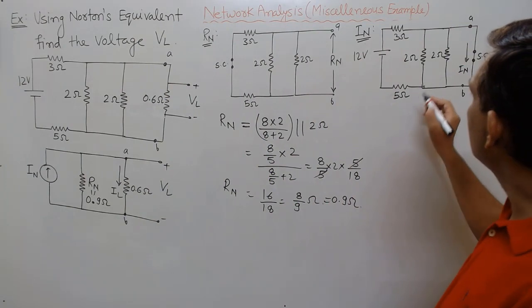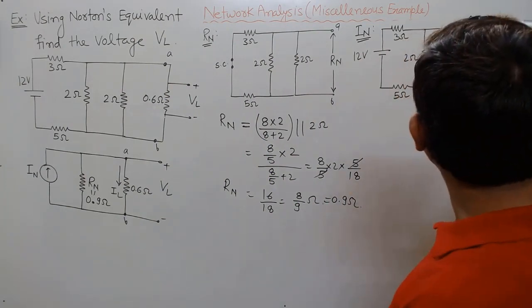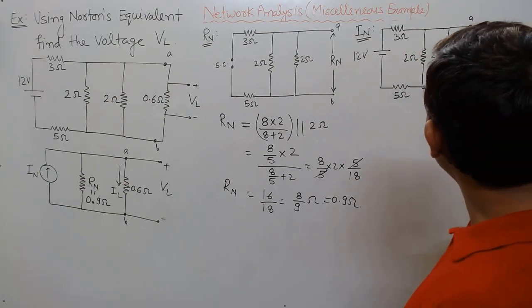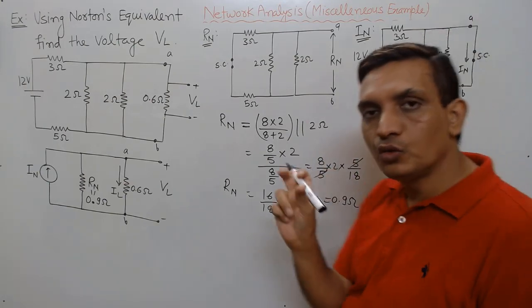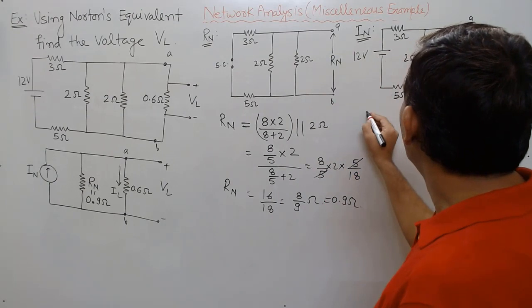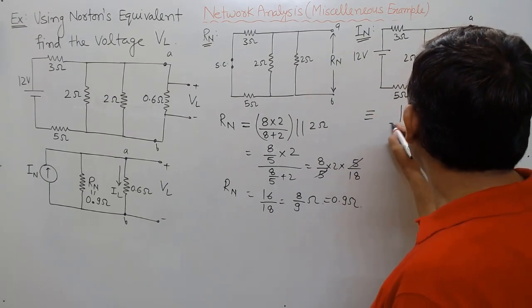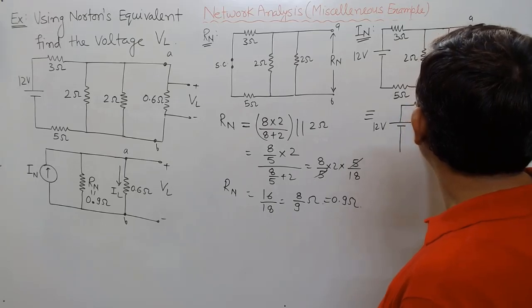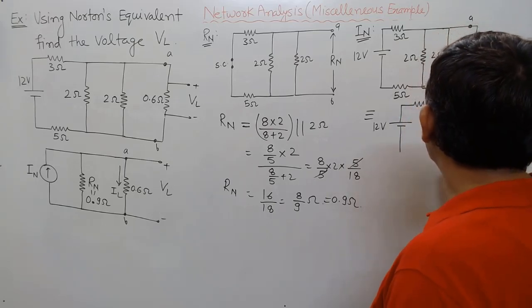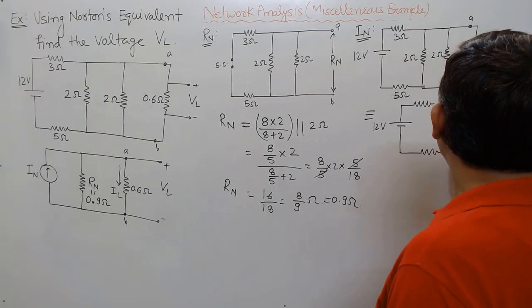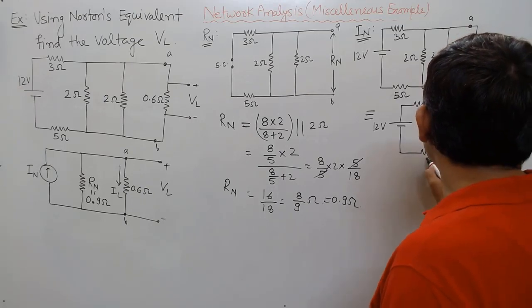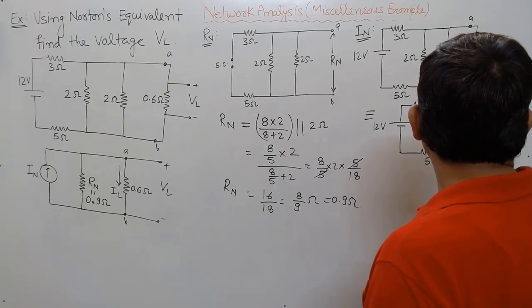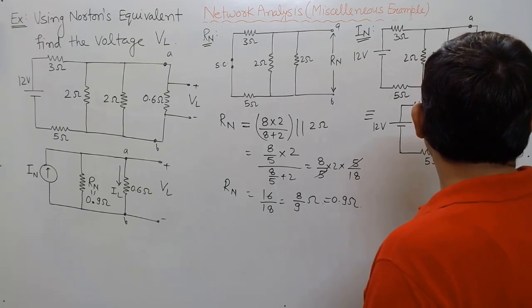As you can see in this equivalent circuit, once AB is short circuited, these three resistances will be short circuited, because this resistance is 0, they are in parallel. So their equivalent will be 0. So we can draw the equivalent as 12 volt, 3 ohm, 3 ohm, 5 ohms, and A, B short circuited.